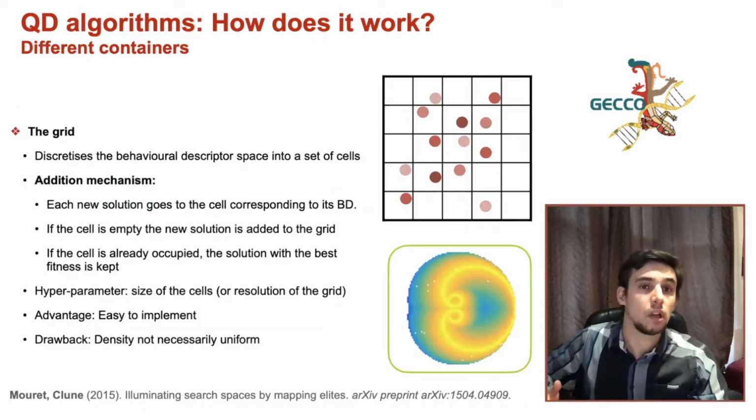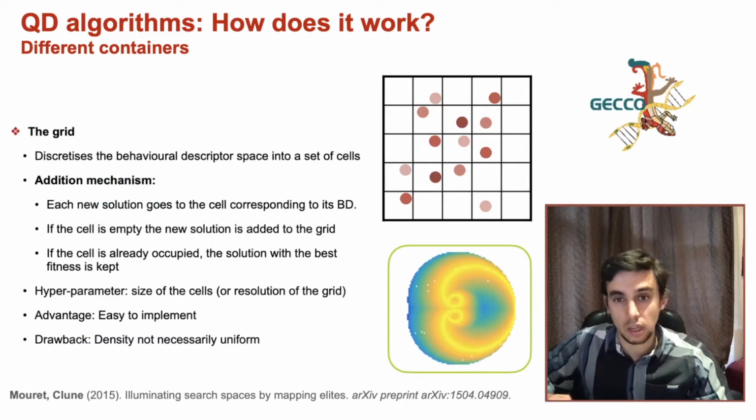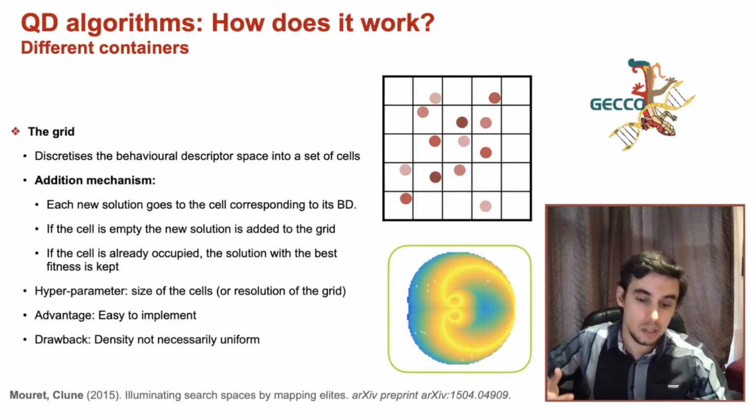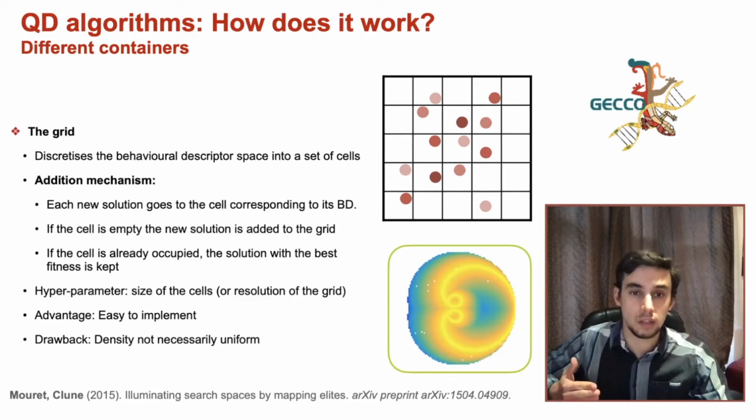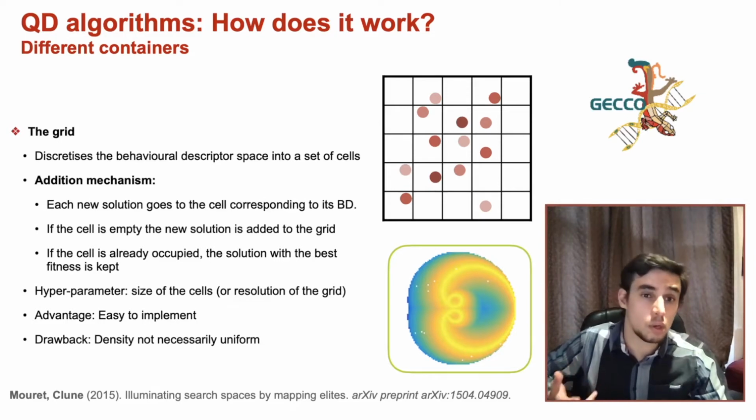So first of all, the grid container. As I said, we use the behavioral descriptor in order to define what type of solution it is. And in practice, the behavioral descriptor is nothing else than a multidimensional numerical vector.